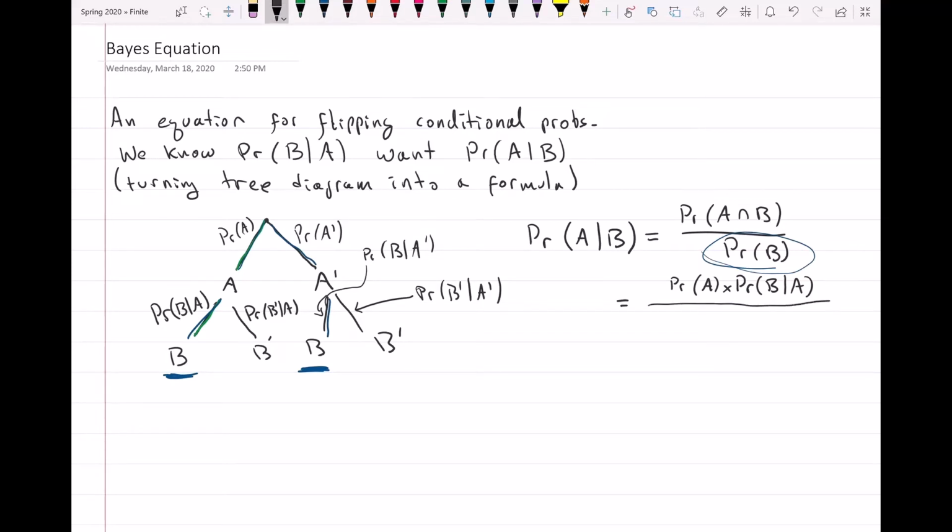So we have the probability of A times the probability of B given A, which is the same as the numerator, plus now the other path, which is the probability of A complement times the probability of B given A complement.